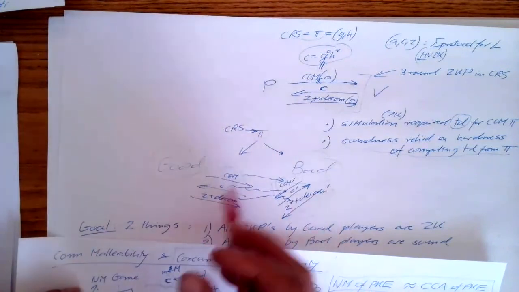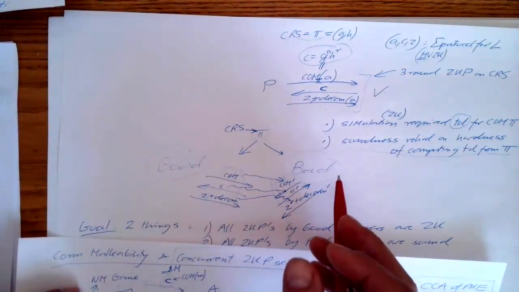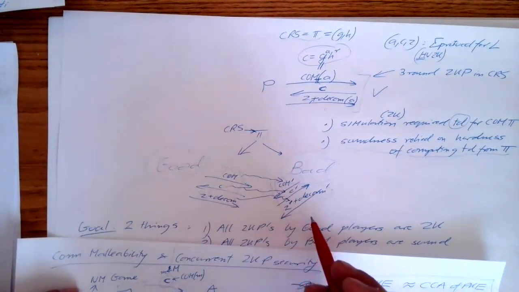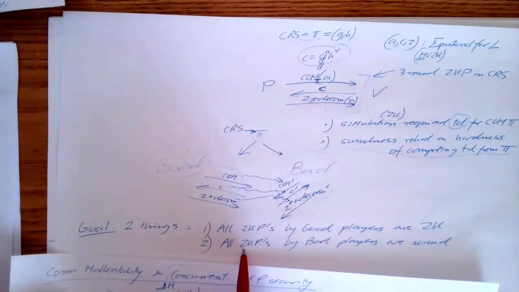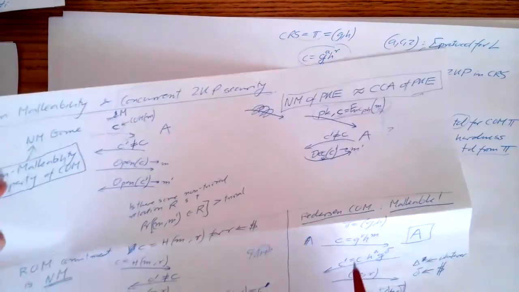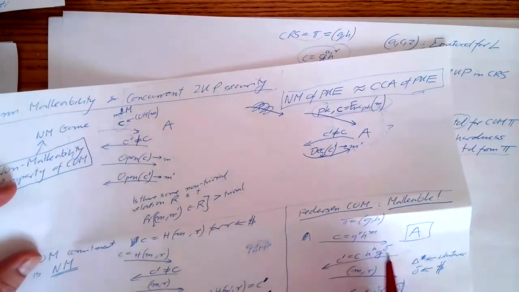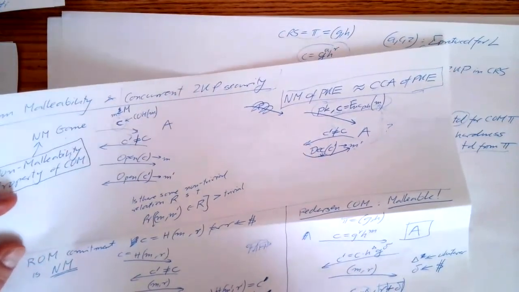But in the meantime, the bad guys' proofs must still hold. Okay, and I want both things to be true at the same time. And it's not so obvious, once you start instantiating these things, right? Okay.